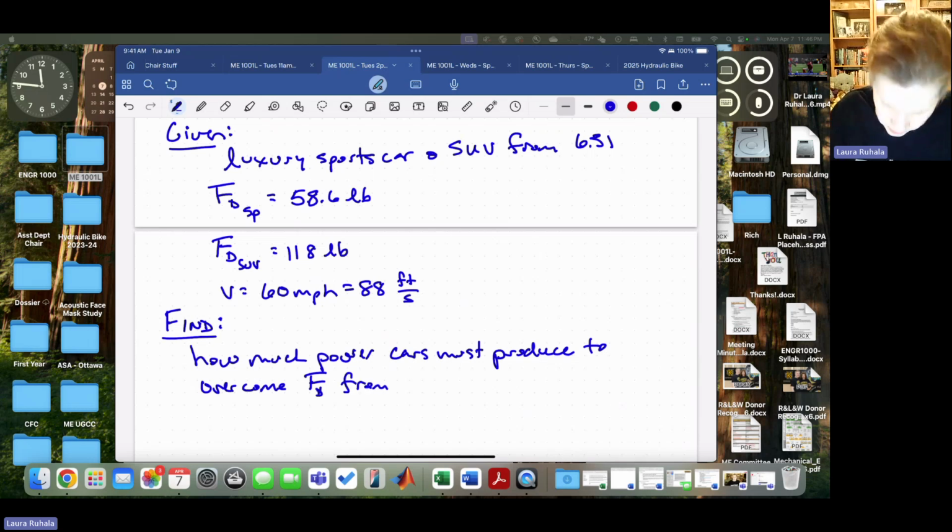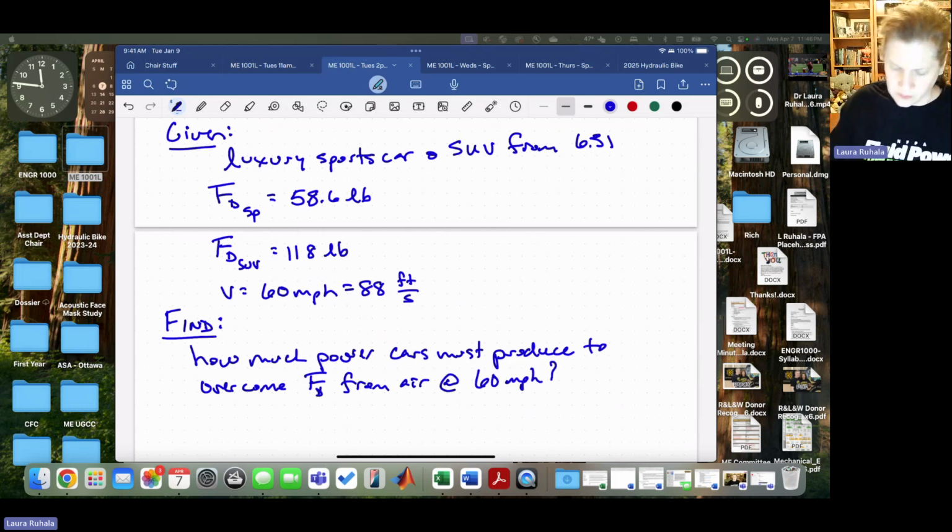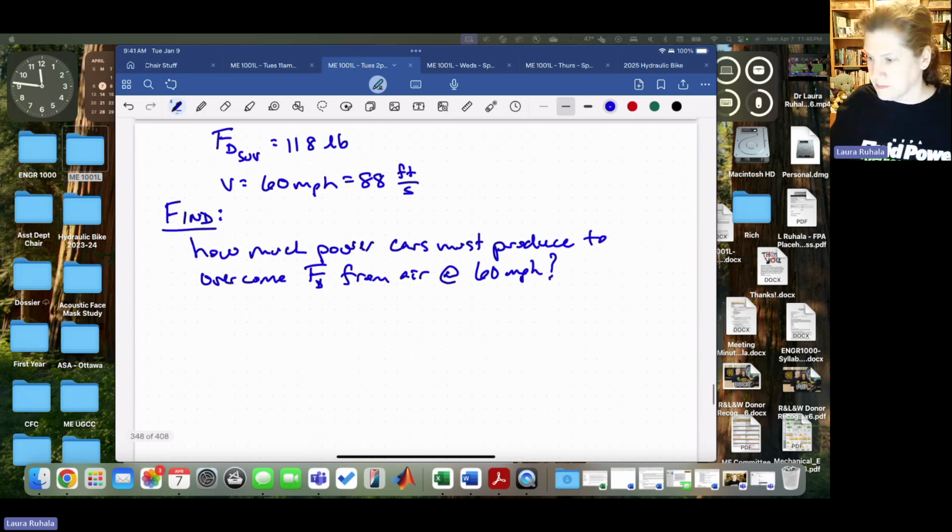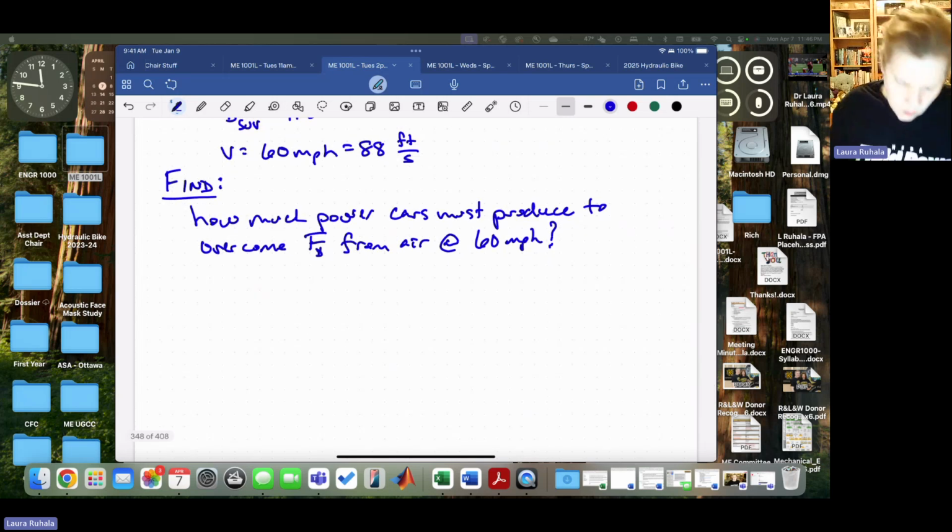So that'd be from air, the drag force, at 60 miles per hour. That's what it's looking for. Okay, so my solution.